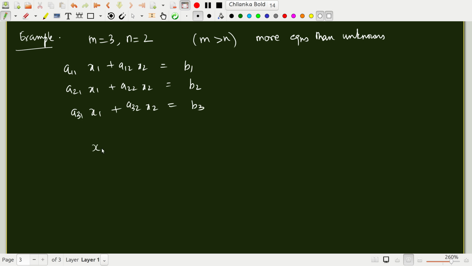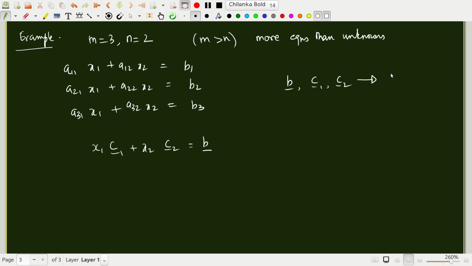You can write this as x1 times c1 plus x2 times c2 is equal to b, where b, c1, c2 are 3 by 1 column vectors. So you are trying to expand a 3-dimensional vector b in terms of 3-dimensional vectors c1 and c2 alone.